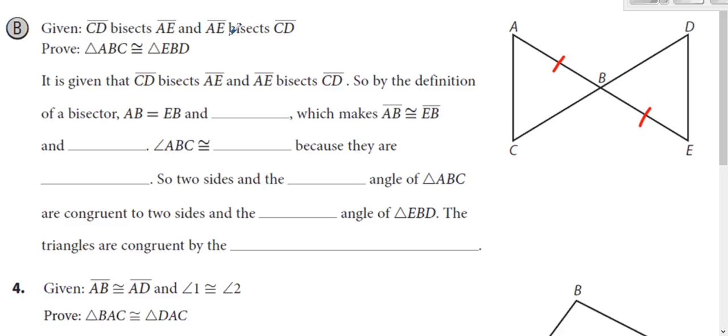Also, since AE bisects CD, it cuts CD into two congruent pieces, right there and there. So that means that CB is equal to DB, which means that they are congruent. Also, we have an angle ABC.